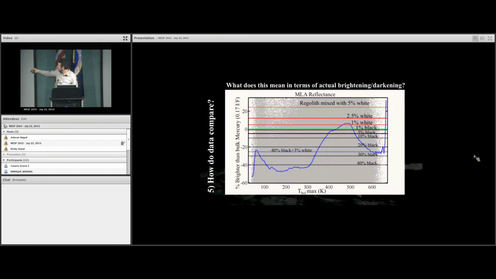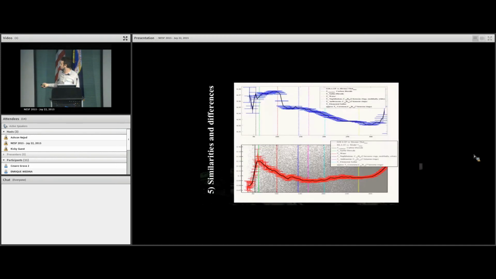You'd get that. Here's the same thing for MLA data. You can see it's substantially darker than the average surface. So even though we have some ice that's very near the surface, the average spatial coverage of that is quite a bit darker. Okay, so take-home message: Mercury is dark. Brightening doesn't really require all that much coverage either, though.